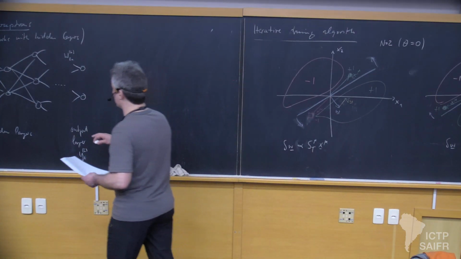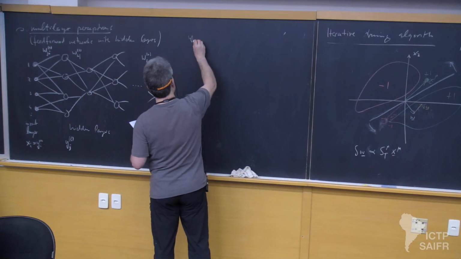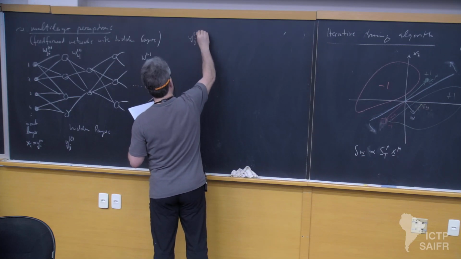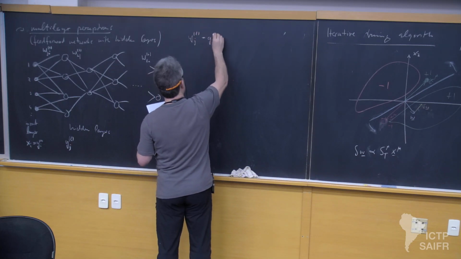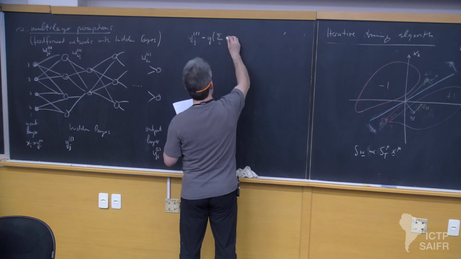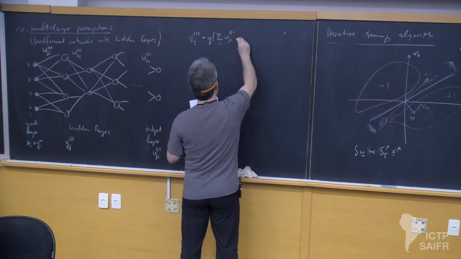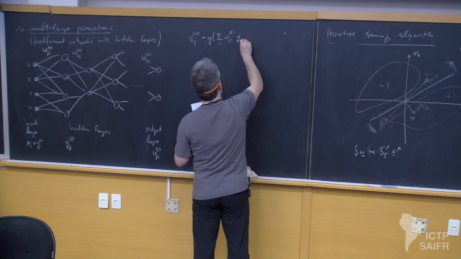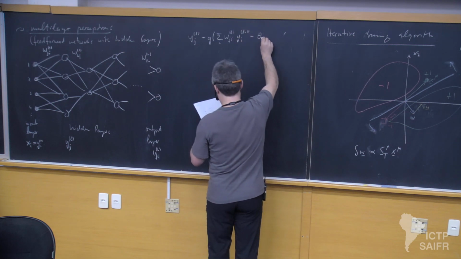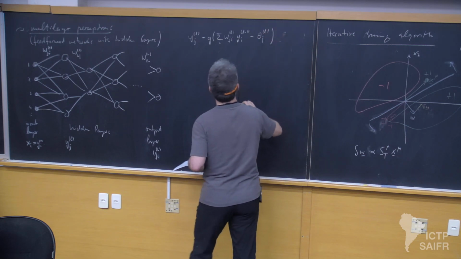So that means that, and all these have activation functions. That means that I can calculate y_j^(L) as g of the sum over i of w_ji^(L) times y_i^(L-1) minus theta_j^(L). Okay.